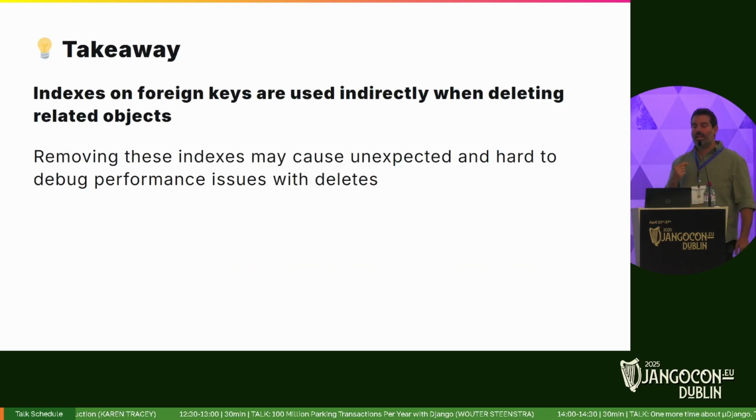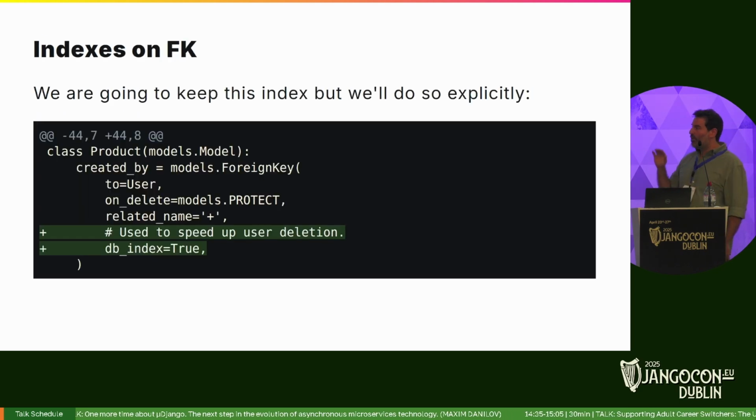So the next takeaway is that indexes on foreign keys are also used indirectly when we delete related objects, in this case, a user. While we will not use them directly, they might be used indirectly when we delete the related object. So we are going to keep this index, but we are going to do so explicitly.